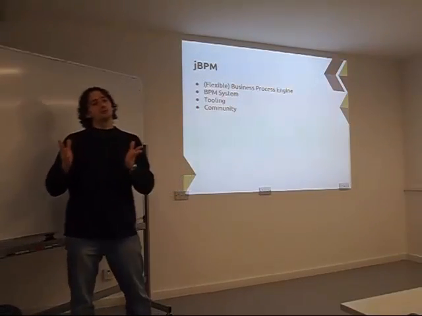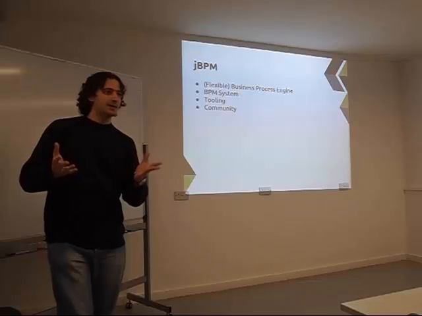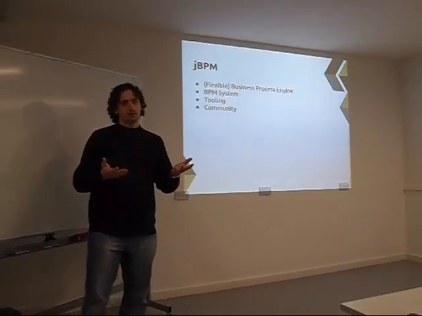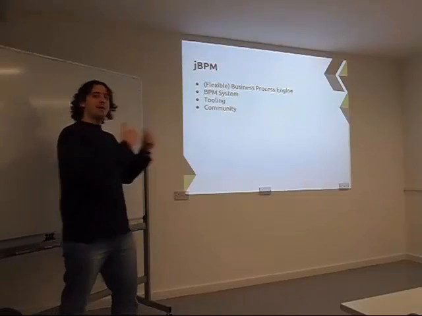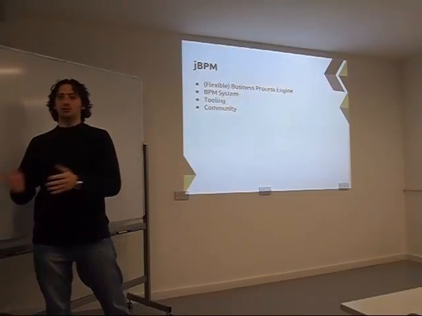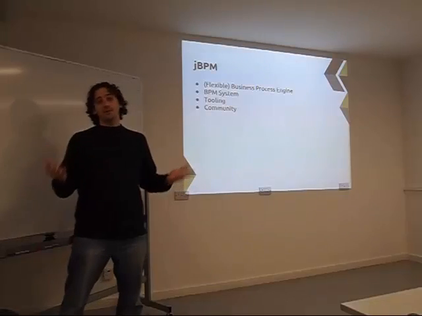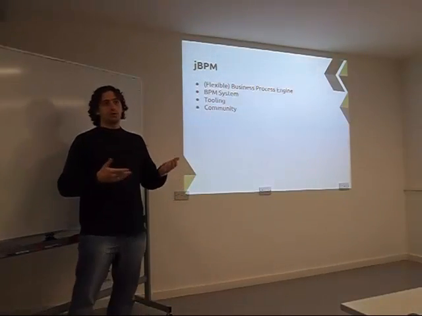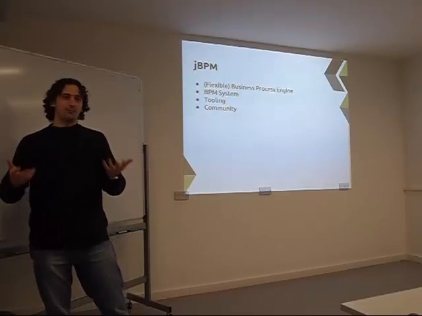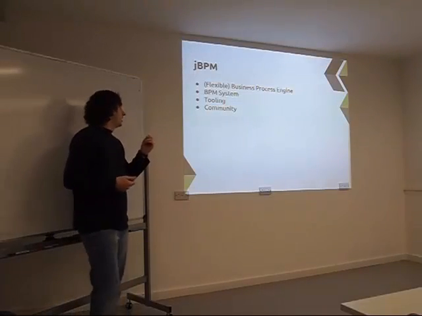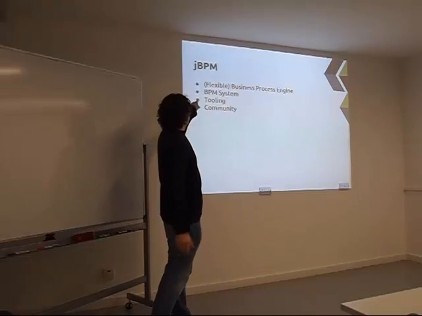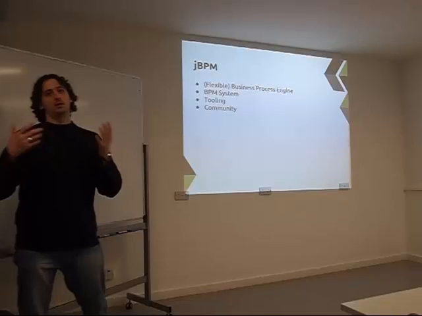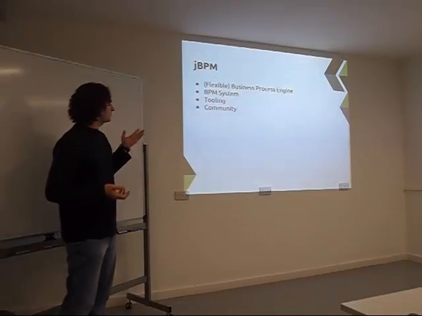But you can also see JBPM5 as a framework that you can embed in any application you have. So it is not a web application, it is not a server-side application, it is whatever you want it to be. Actually, there are implementations using JBPM5 in Android phones. So it is a really lightweight framework. It allows you to implement the business process management methodology.